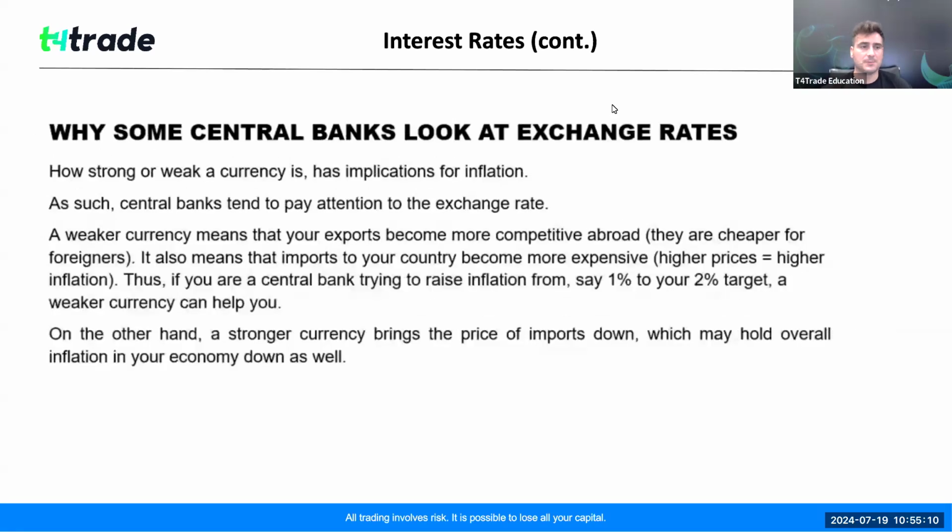Okay, that's it. So why do some central banks look at exchange rates? How strong or weak currencies are definitely has implications for inflation. So it's a positive feedback loop, if you like. As such, central banks tend to pay attention to the exchange rate.